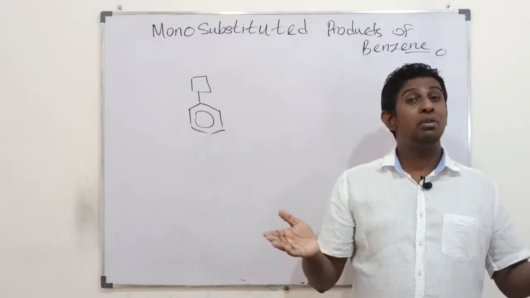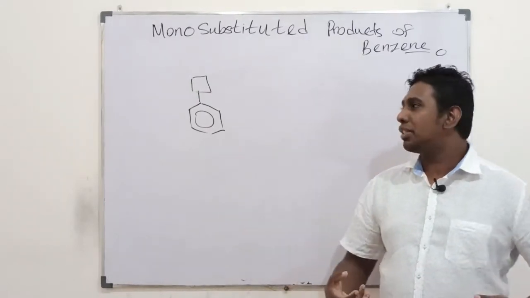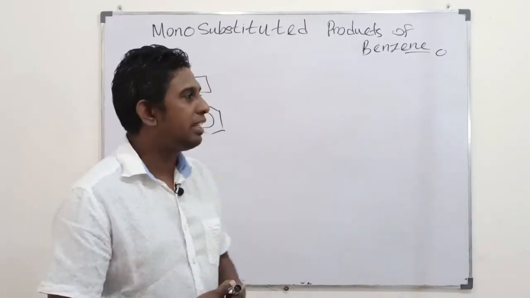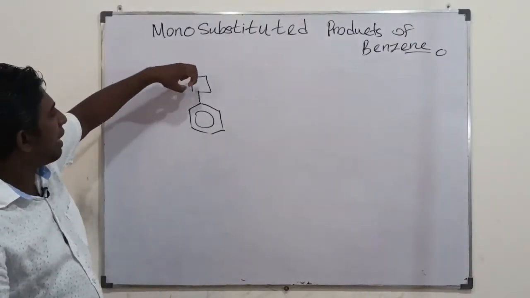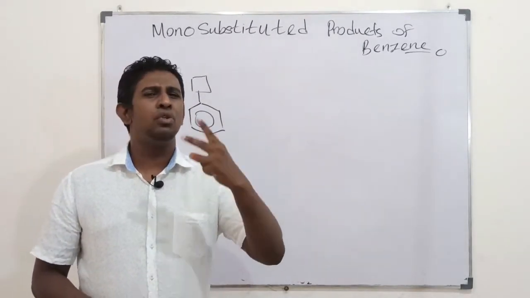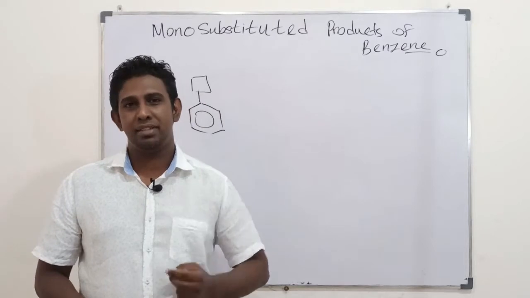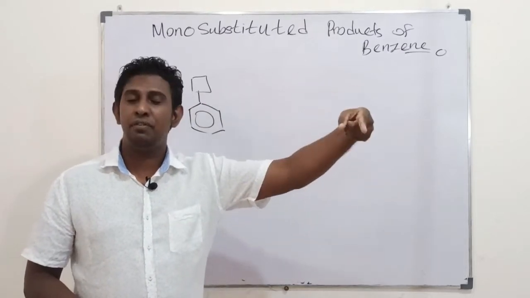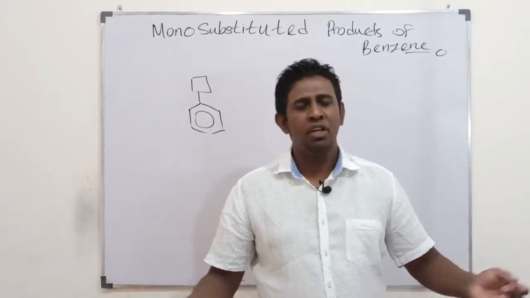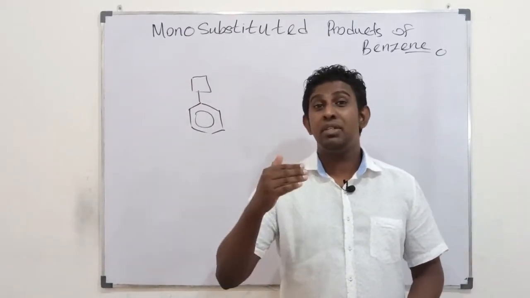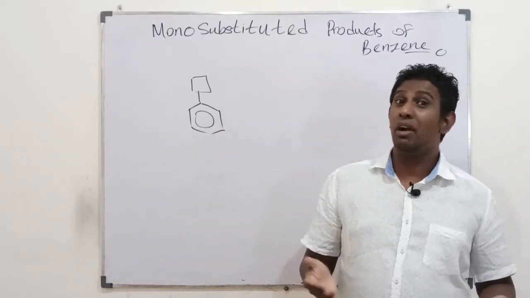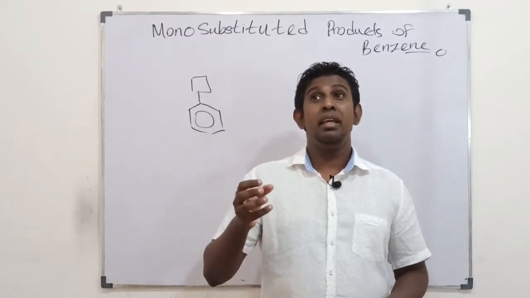We talk about these specifications regarding the effects of groups attached to benzene based on two impacts. One was the resonance effect. The other was the inductive effect. So far we have talked about the following groups.